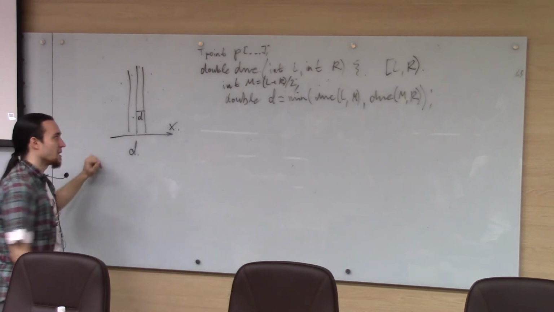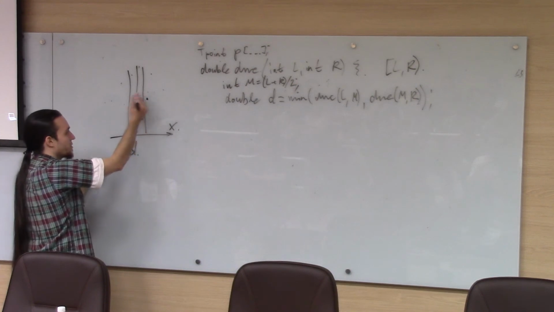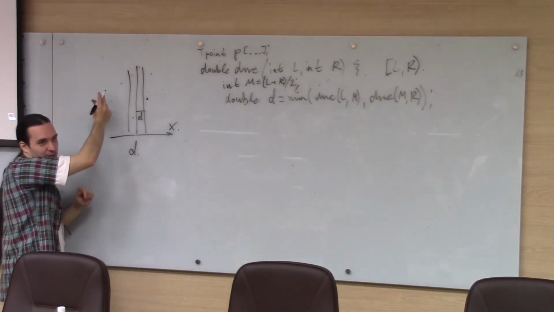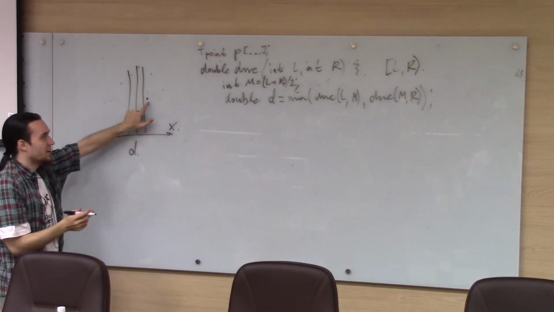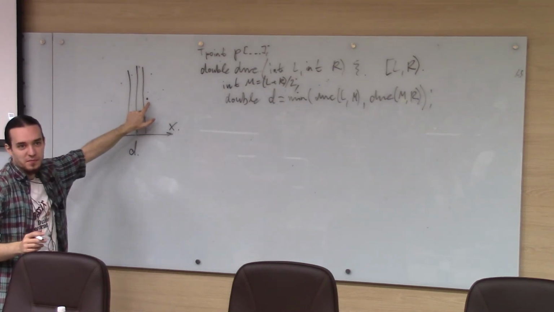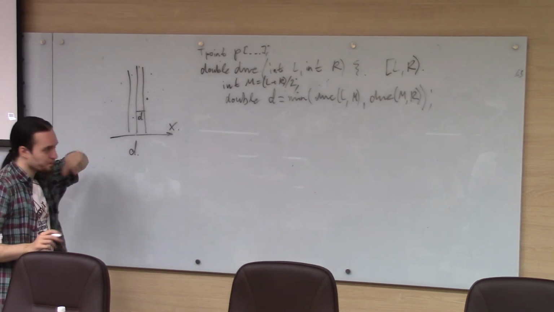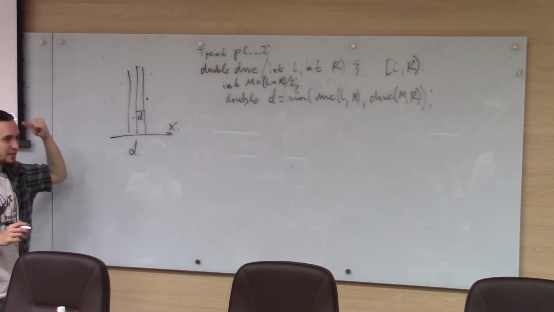Because surely if they are somewhere here, then all the points on the other side are farther than d from them. So we want to ignore them. This is the first consideration.